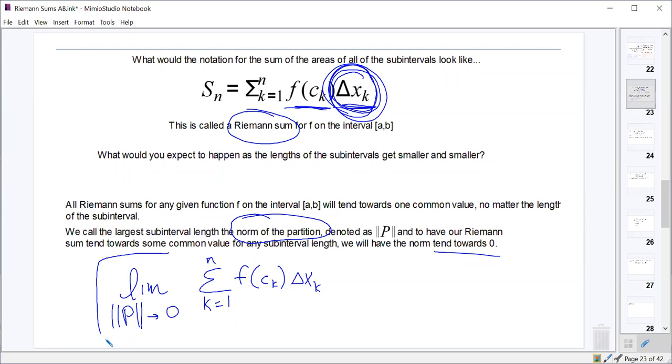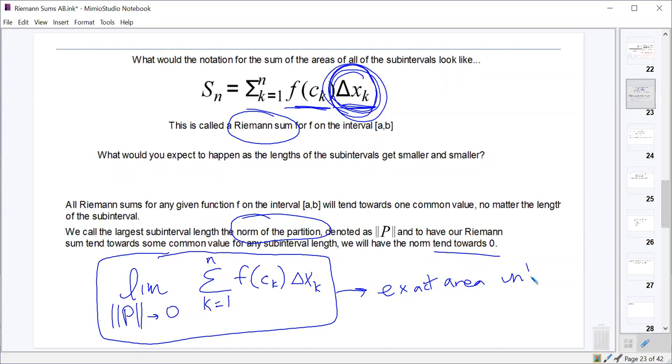And this right here would effectively give us the exact area underneath the curve. If we took the limit as the largest subinterval approached 0 of the sum of the areas of each of those rectangles, that would be the exact area underneath the curve.